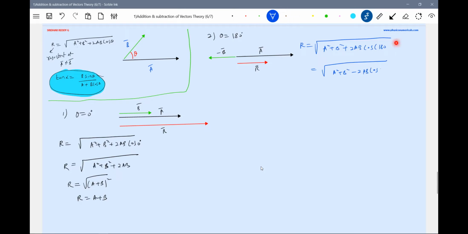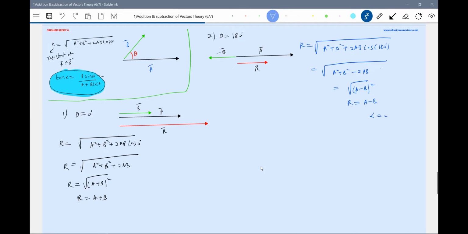Cos 180 will be minus 1. Then this will become root of A minus B whole square. Then the resultant is given by just A minus B. Sine of 180 will be 0, so alpha will be 0. I need not write anything. In both the cases, alpha is 0.